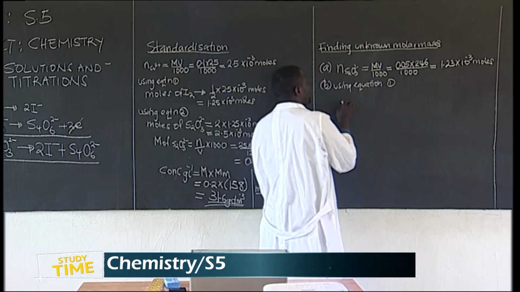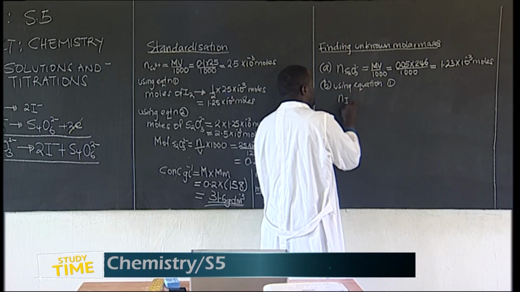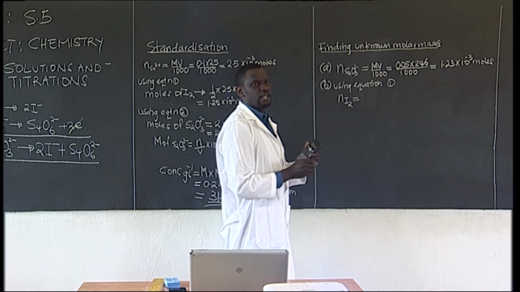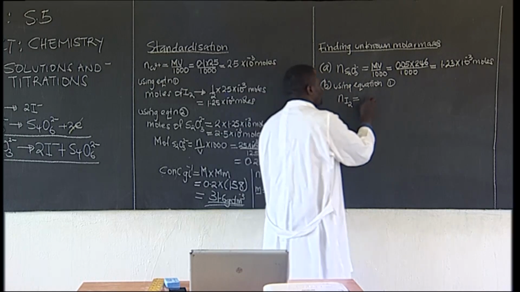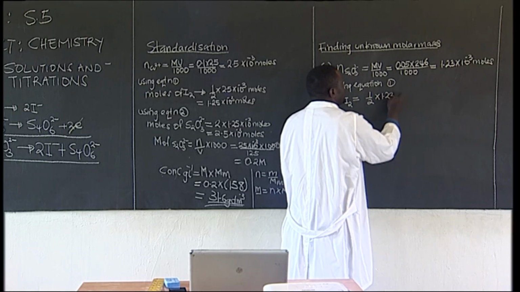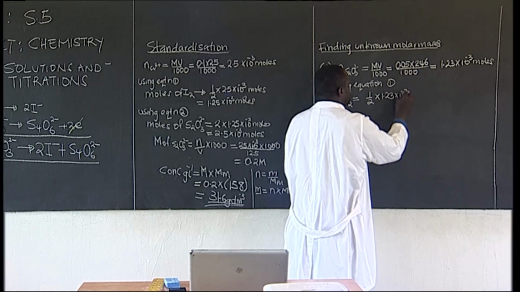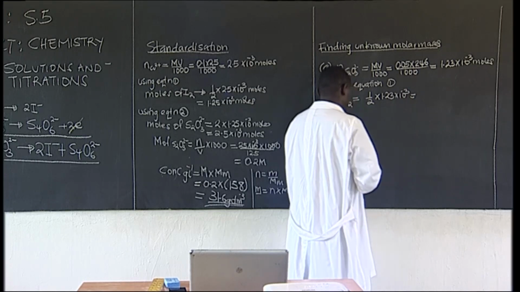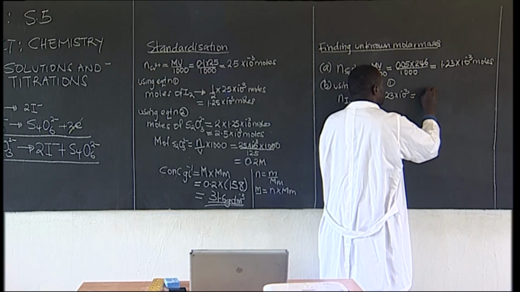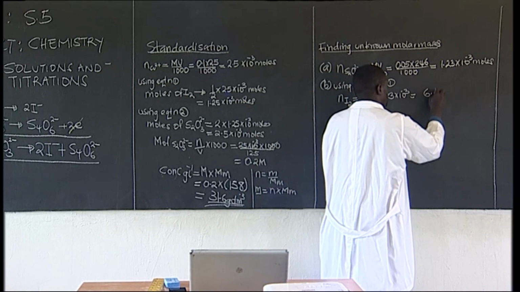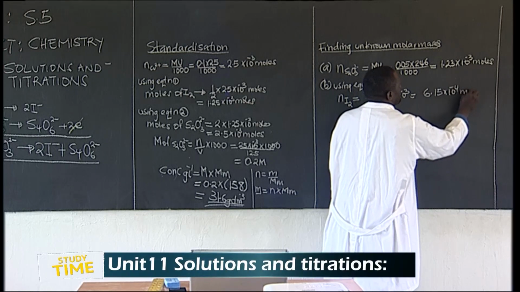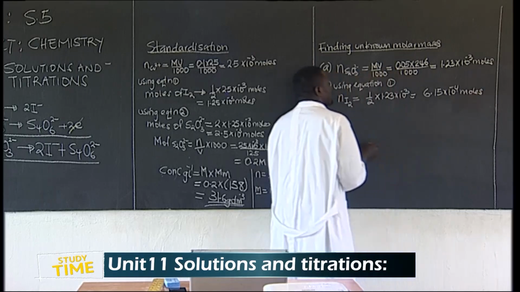We have thiosulfate, so moles of iodine is 1/2 times 1.23 times 10 to the power -3. So we divide by 2, and we shall have 6.15 times 10 to the power -4 moles.